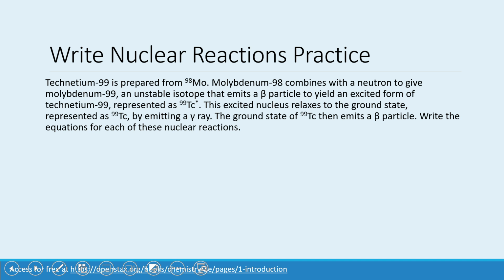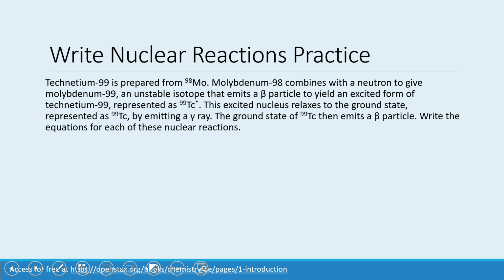Now, in this example, we're going to write some nuclear reactions just based on the description. And so we're going to end up with at least 4 reactions here. Technetium-99 is prepared from molybdenum-98. So the first step, molybdenum-98 combines with a neutron to give molybdenum-99.